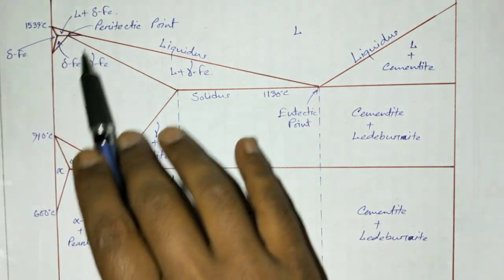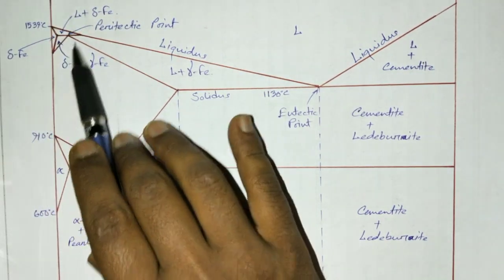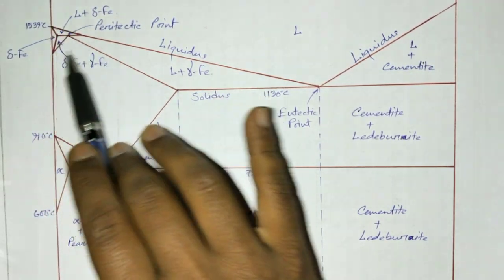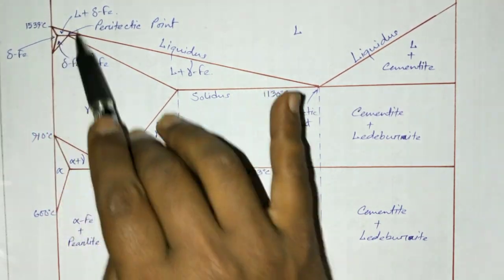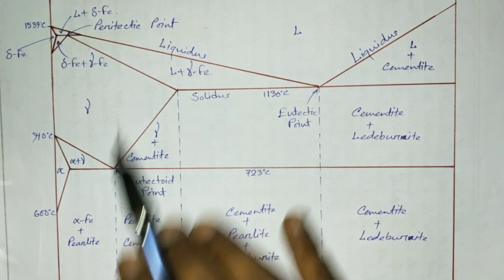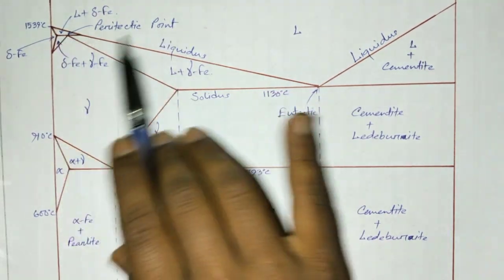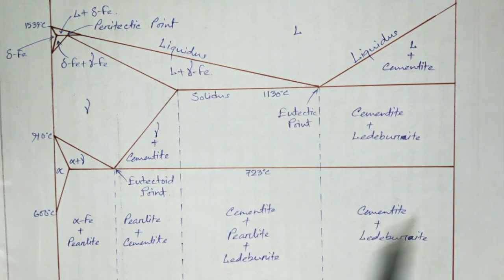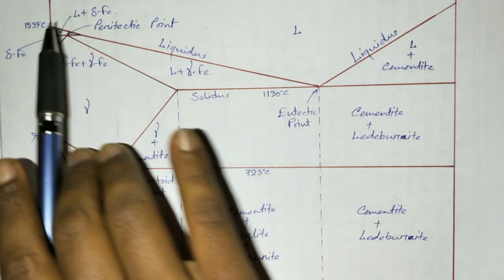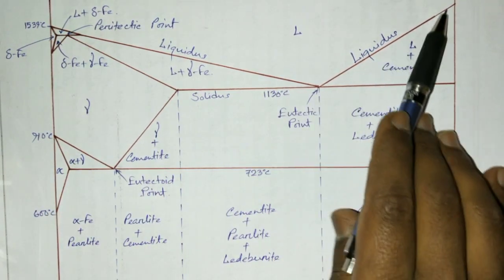This part is not generally that important because heat treatments are generally not done at such high temperatures. The peritectic point is important in this part, but other than that we must see the rest of the diagram. Now the liquidus line is given here.